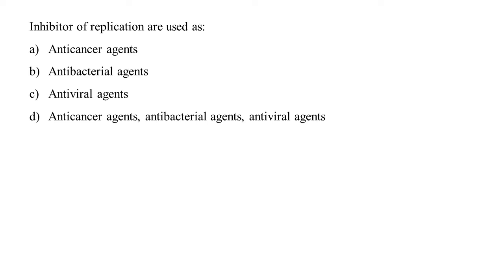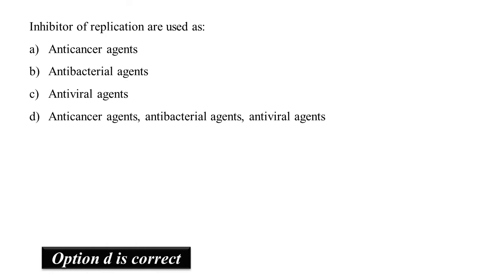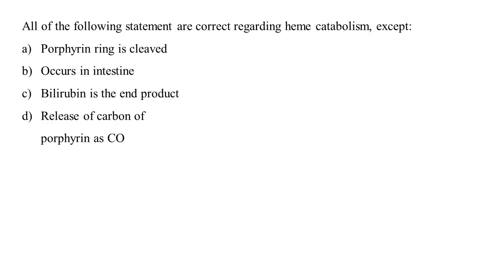And hence, the inhibitors which selectively target either an enzyme or a selective stage of a replication event can be used to control cancer, or to control the proliferation of bacteria or viruses. Hence, they can be used as anti-cancer drugs, antibacterial agents or antiviral agents. And in the present case, D has to be the correct answer.